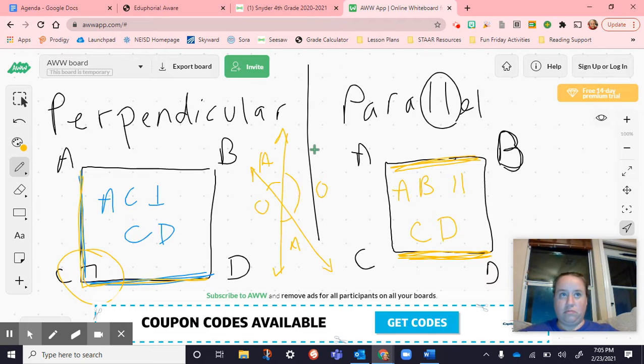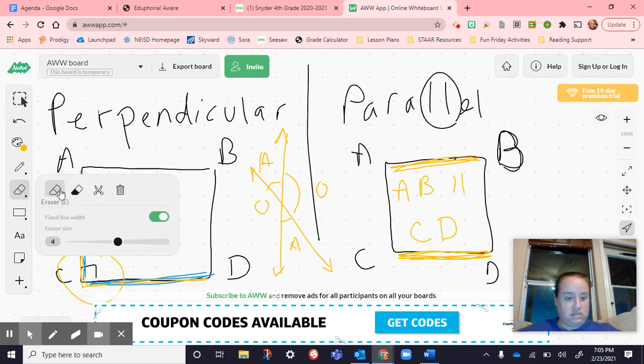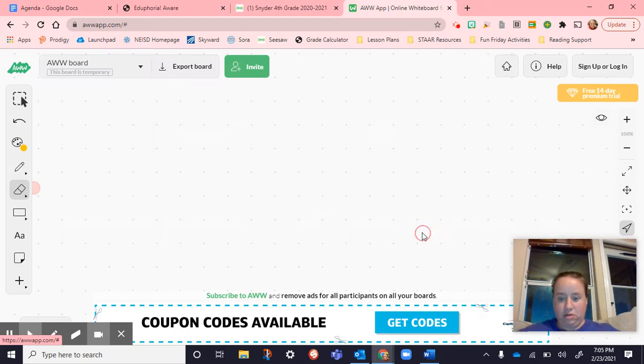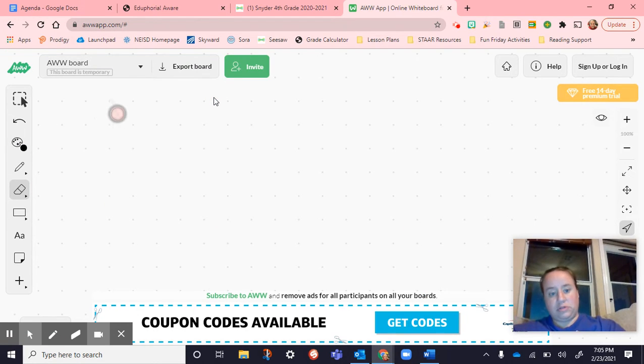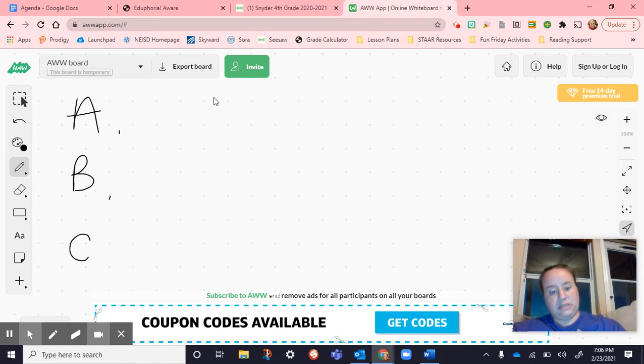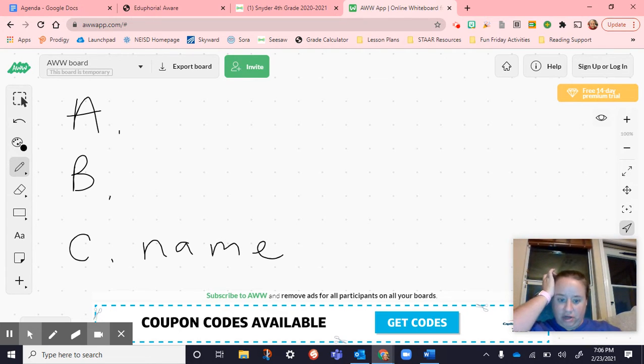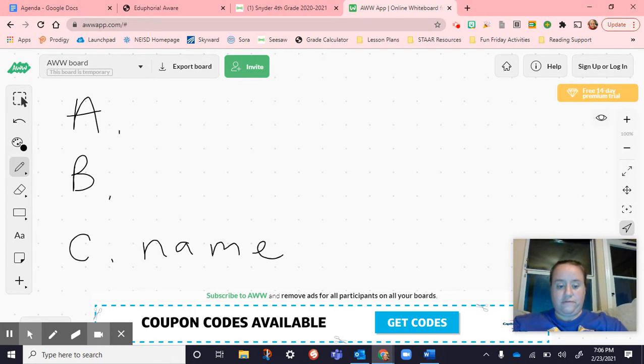Let me put on here where it has A, B, and C. So there's an A, a B, and a C. On C, you are naming what type of shape it is. Is it a square? Is it a rectangle? Is it a parallelogram? Is it a quadrilateral? What kind of name can you give the shape? Think about all of the ones we've been talking about.